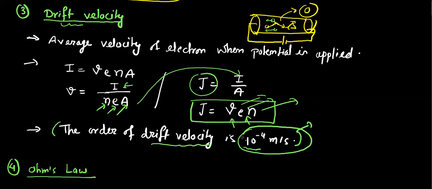Do not be confused that electrons move with the velocity of light, or that the drift velocity of an electron is of the order of 10 to the power 7 or something like that. This is just a misconception. The order of drift velocity is 10 to the power minus 4 meters per second.